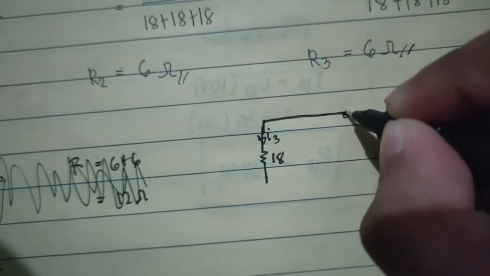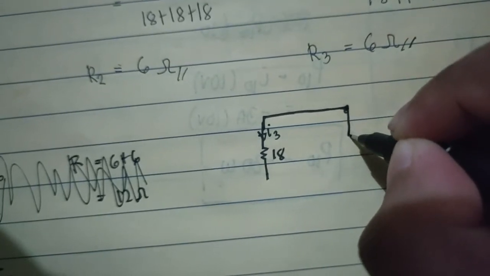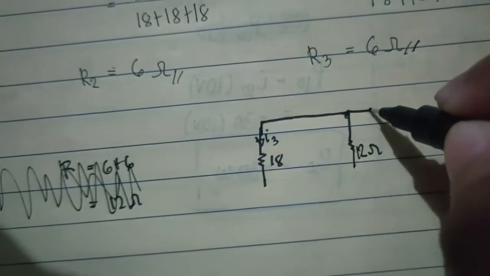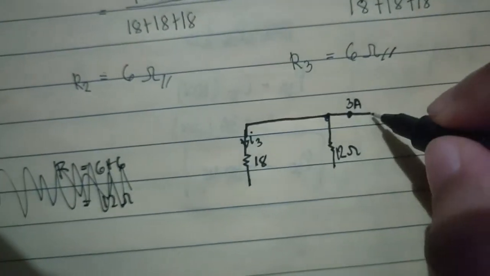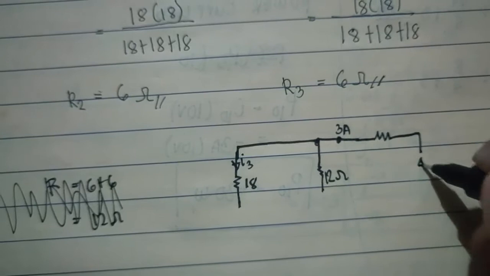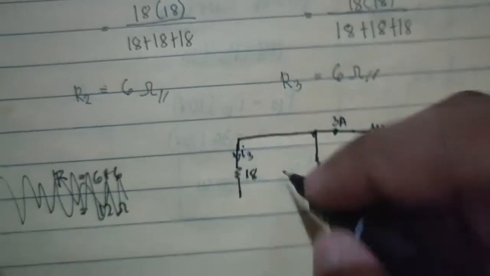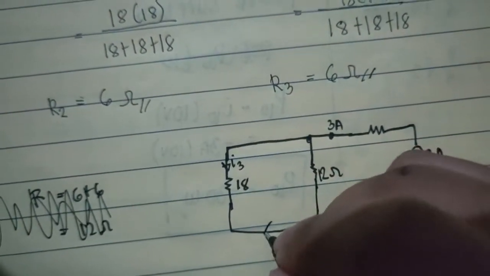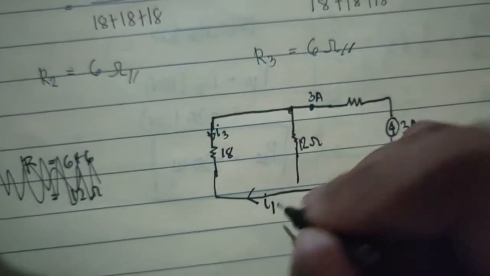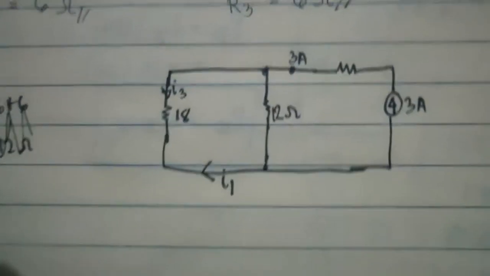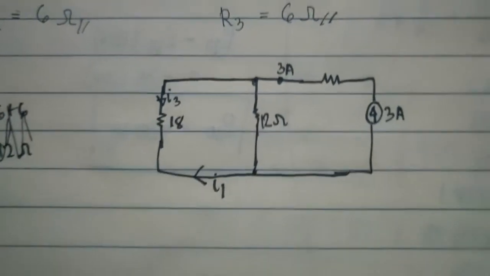So node, so 12 ohms, (3 ampere), 6 ohms, and our source 3A. We have our I1 here. So after we redraw our circuit by getting the R1, R2, and R3, we will just apply the current division.